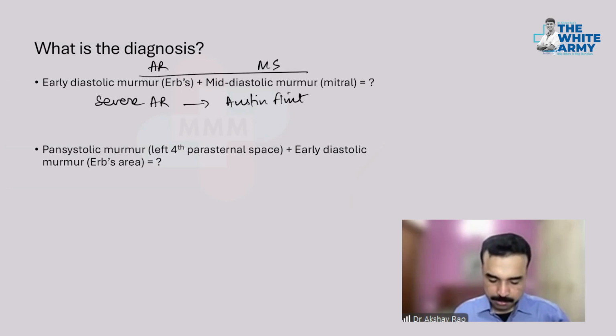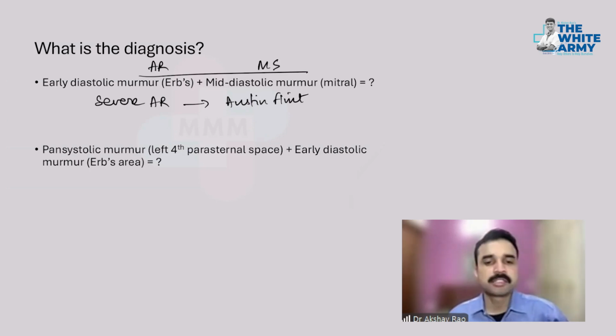Next, what if there's a pansystolic murmur in the left parasternal space with an early diastolic murmur in the Erb's area? This is slightly tough. I'm not sure if it's easy to guess this or get this right. But let me give you a little more clue.